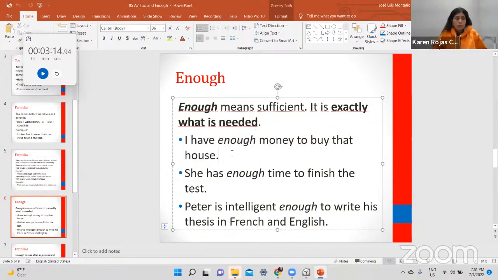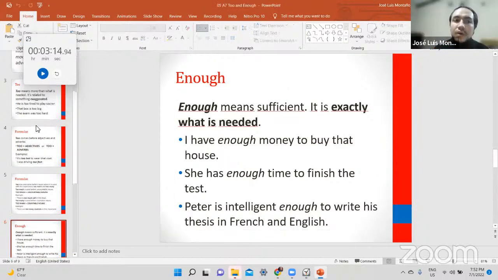I have enough money to buy that house, right? That's positive. But you can say, I don't have enough money to buy that house. It means that you don't have the money that you need to buy that house. All right. I don't know if you remember now. You're going to give me some examples, but let me know if you remember now or if you have questions about it, please, Karen. No, everything's okay.